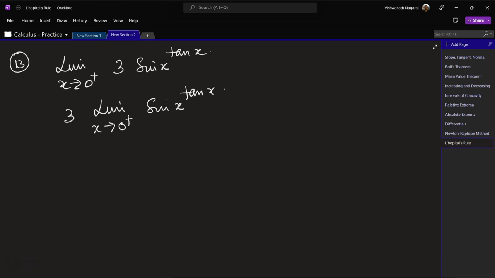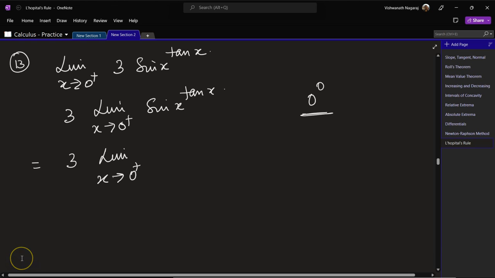Now if we do direct substitution, what happens? Sine 0 is 0 and tan 0 is going to be 0. So we are ending up with an indeterminate form. Okay. Now somehow we have to bring this tan down. So how can we do that?